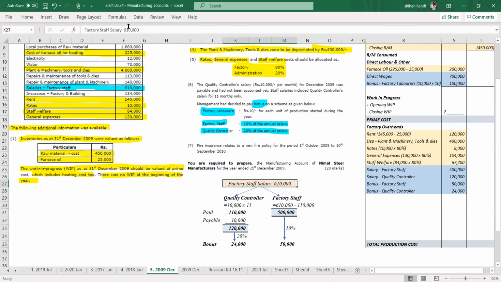This factory staff salary paid. Let's say other factory staff.